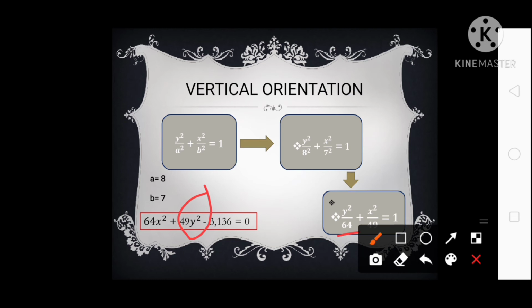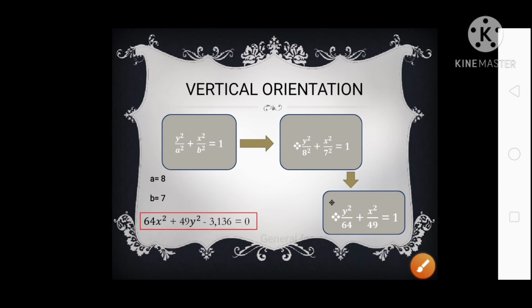Then, 3,136 multiplied to x squared is 3,136 x squared divided by 49, so we have 64x squared. Then, by using the additive inverse, our 3,136 will become negative 3,136 is equal to 0, because our aim is to get our general form.